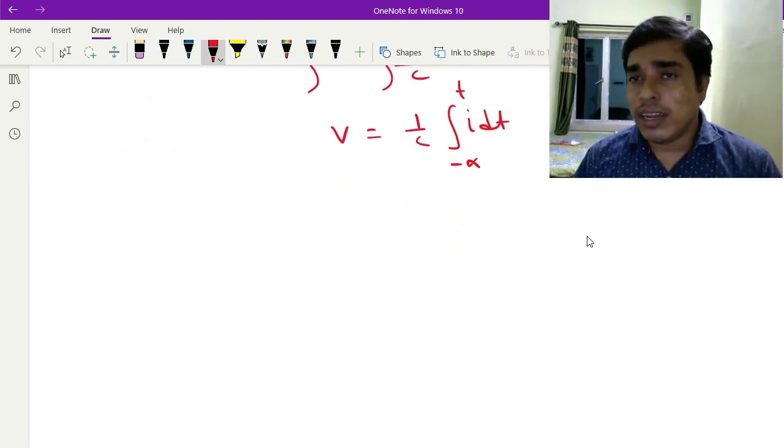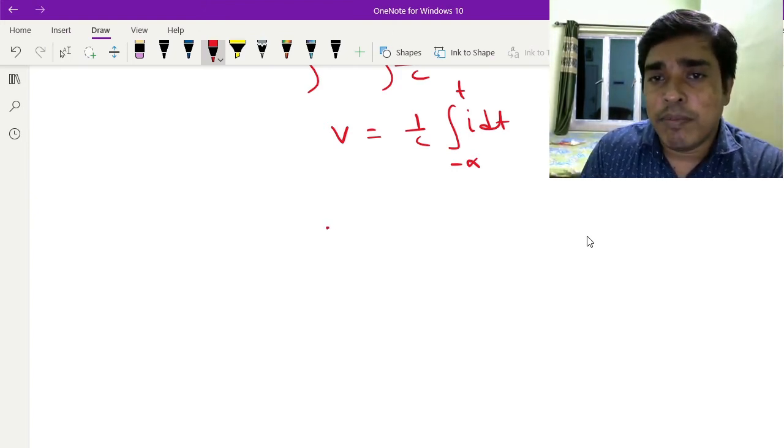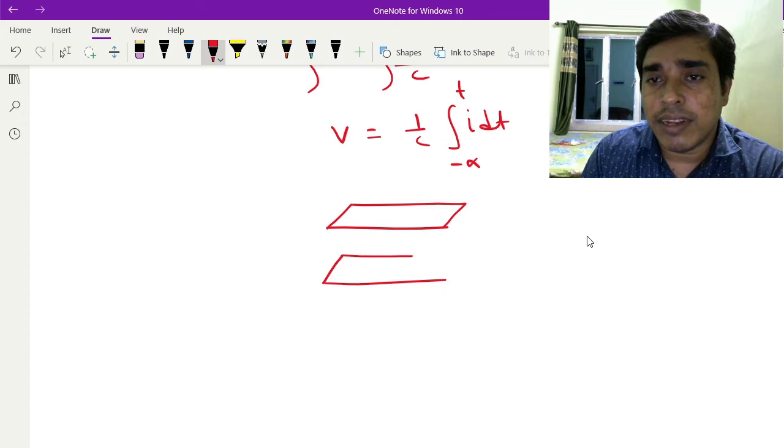Now it may be a parallel plate capacitor. Suppose this is one plate and this is another plate.